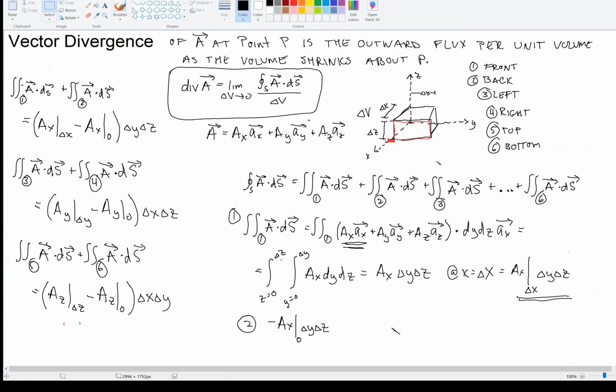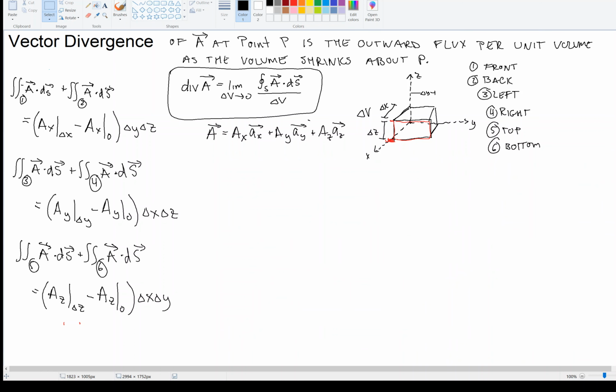But I'm going to erase this work here. So now we have this integral. We would add all 3 of these things up: 1 here, this guy here, and this guy here. If we add all 3 of those up, then we have the flux through all 6 surfaces. So that means the divergence of A, going right by the definition, is the limit as delta x, delta y, delta z all go to 0, right?